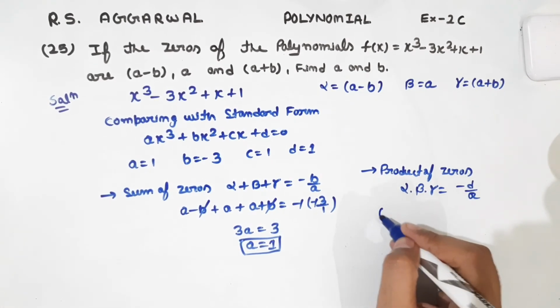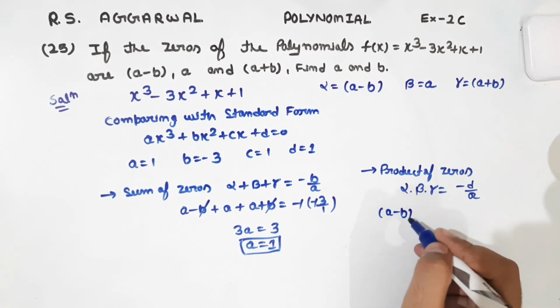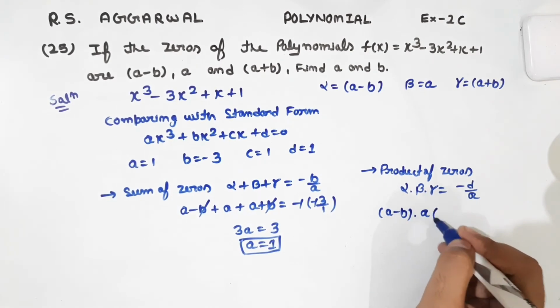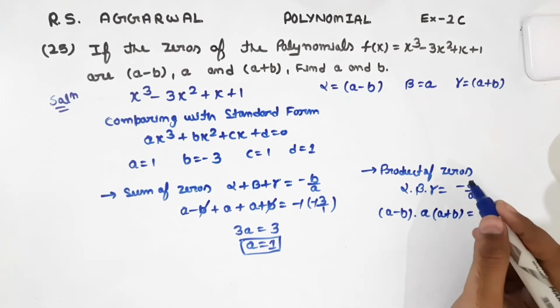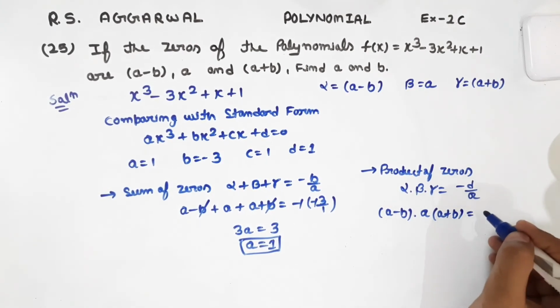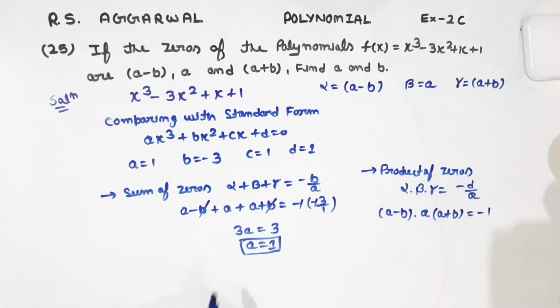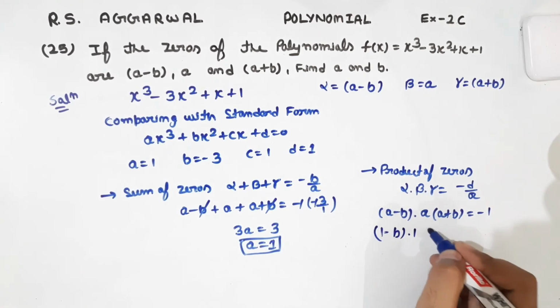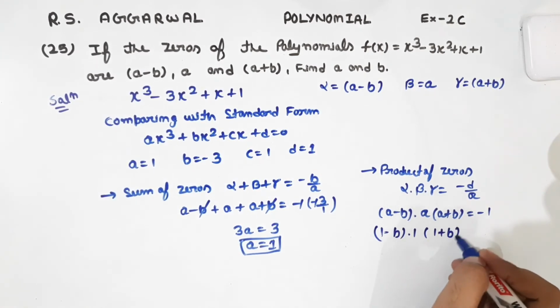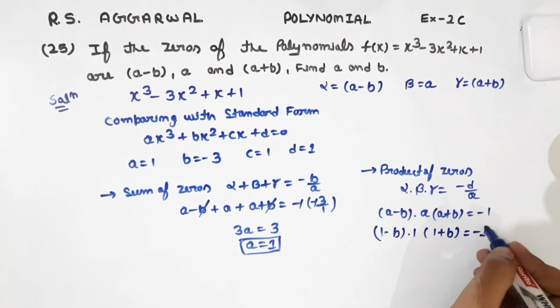So a minus b into a plus b will be equal to, d is 1, so minus 1. Now putting the value of a equals 1, this equation will become 1 minus b into 1 plus b equals minus 1.